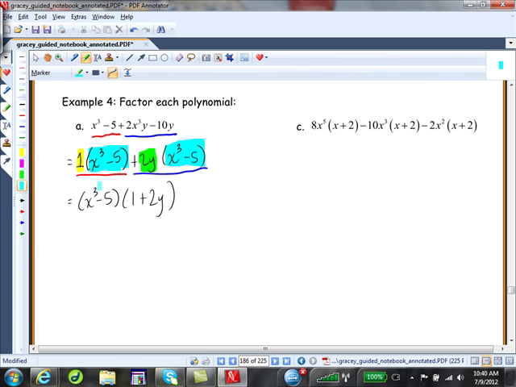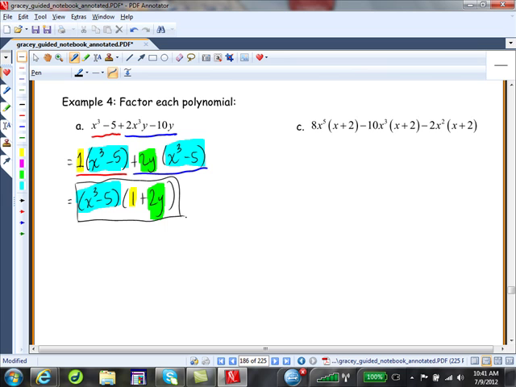We're all set. And just so you know, these are the more complicated, sort of the beginning factoring on steroids, I guess.